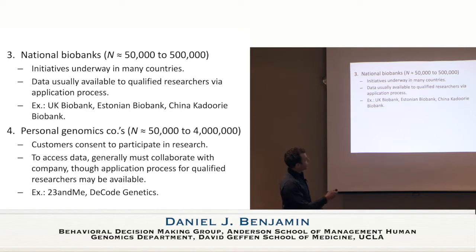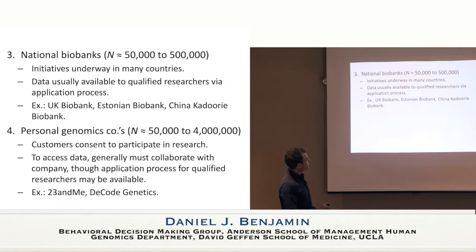These can be much larger. In the case of the UK Biobank, it's 500,000 people. That's also the aspiration of some of these other biobanks. In the US, the goal is to get to 1 million people in the All of Us project. These are also data sets that you can usually get access to through some kind of application procedure and maybe paying a fee for processing the application.